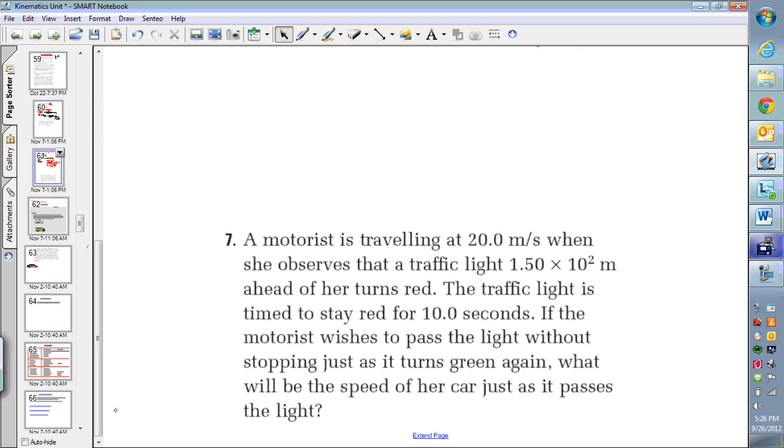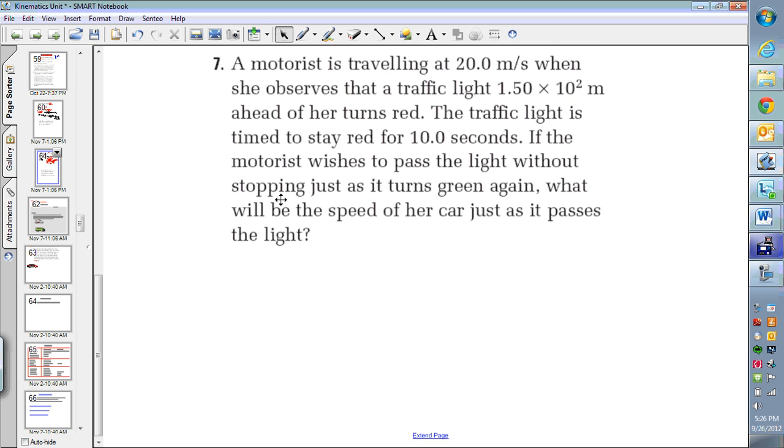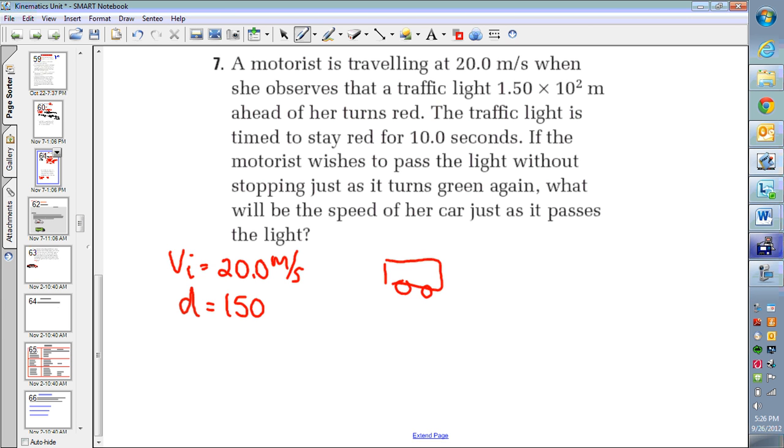Alrighty, we're getting there. Number 7. A motorist is traveling at 20 meters per second. So that sounds like the first speed, initial speed of 20 meters per second, when she observes a traffic light that's 150 meters ahead. So 150 meters ahead, we'll draw a fancy car, traffic light, 150 meters up the road.